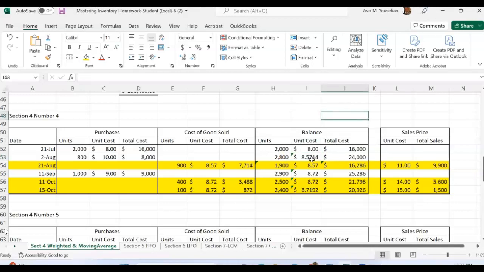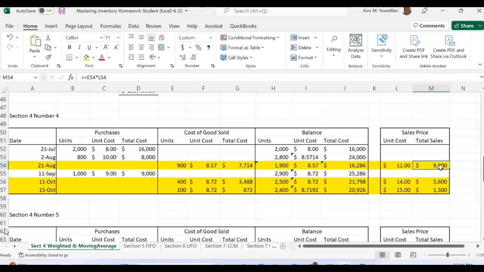Okay, so far so good. Then on August 21st, you sold something. Let's say you sold it for $11, and that's 900 units times 11, and that's 9,900.